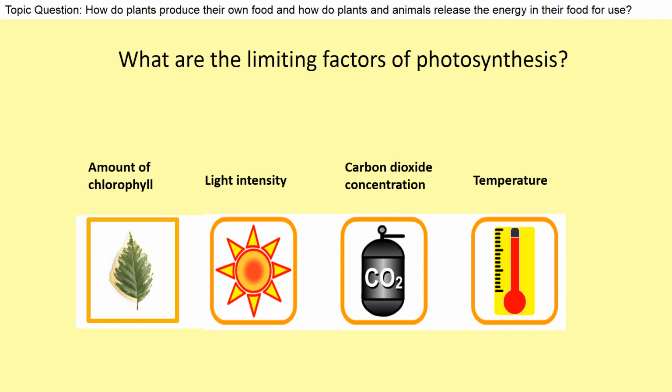The light intensity. So how much light is available can affect how quickly a plant can photosynthesize. Carbon dioxide concentration. Carbon dioxide is one of the main things that we need, along with water, to carry out photosynthesis. So if we haven't got enough carbon dioxide, it won't be able to take place.